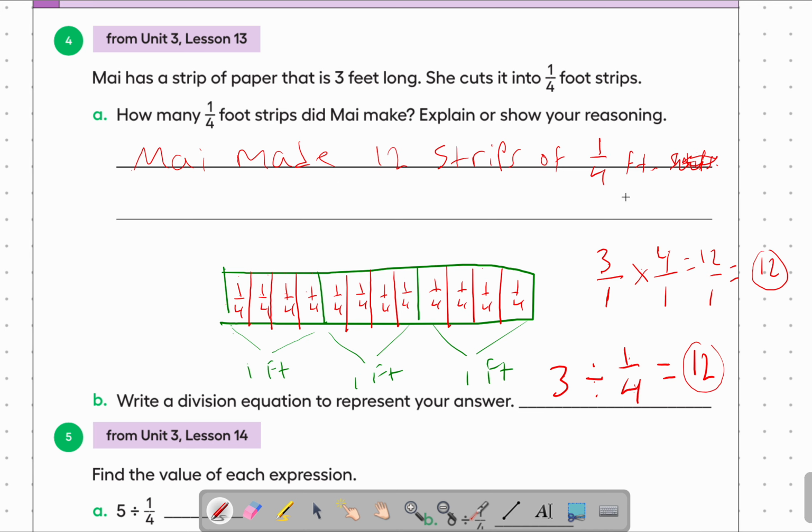That doesn't make any sense. Because how are you going to make 1/12, which is less than 1/4? See, it would not make sense to the problem. So that's why we have to use reasonableness and to reason, to wonder, to think, does my answer make sense to what the problem is asking?